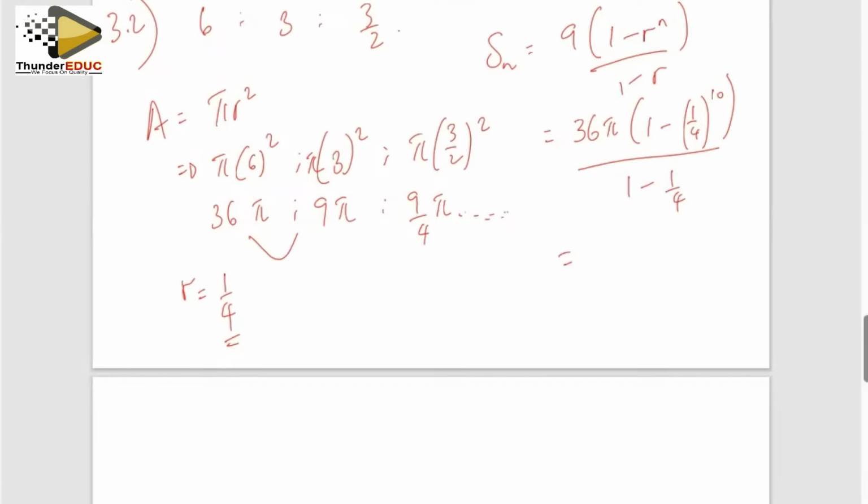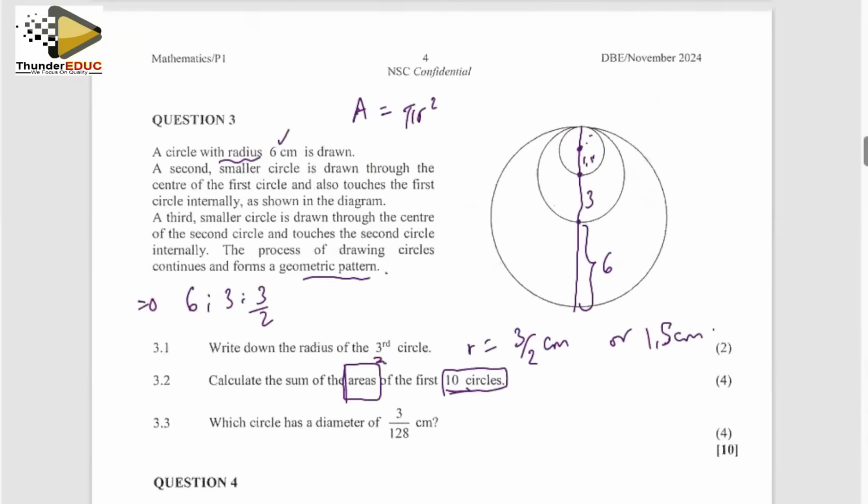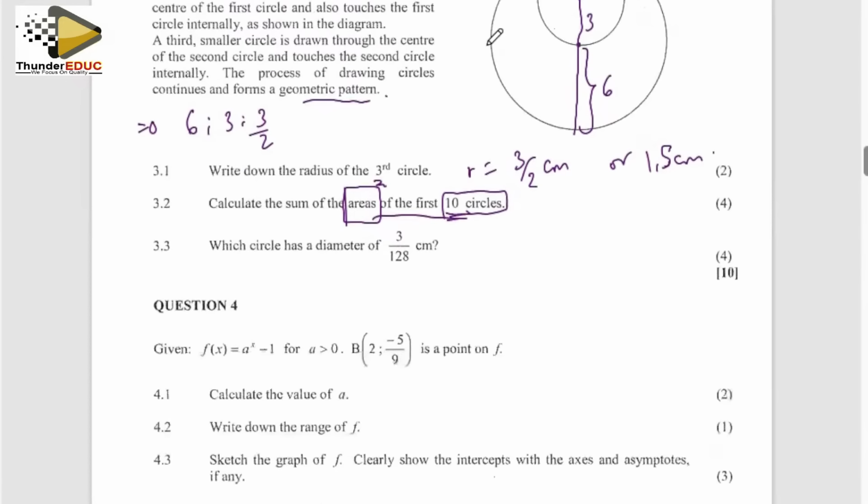So my area is 150.796, centimeters squared. So that is the sum of the areas of the first 10 circles. Okay, then 3.3, which circle has a diameter of 3 over 128 for 3 marks?